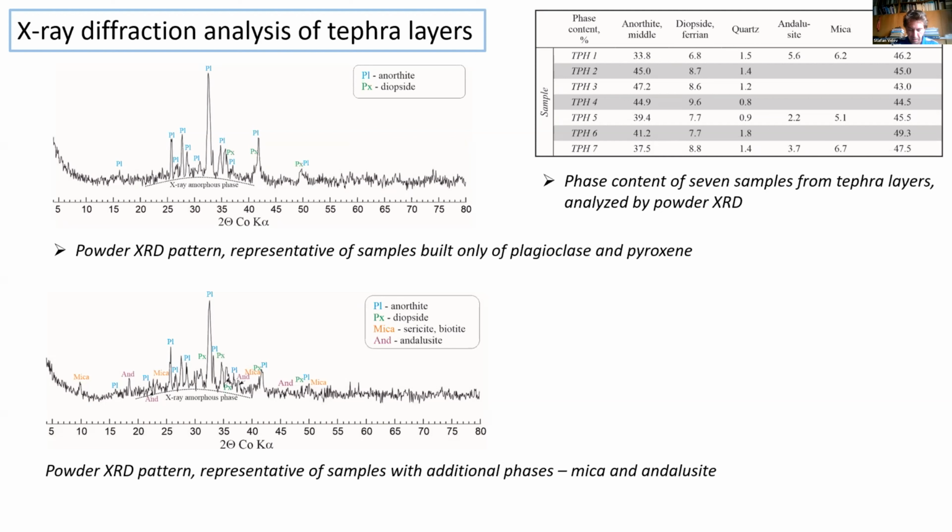Andalusite and micas are xenocrysts, not typical for this kind of products. Considering their metamorphic genesis, not igneous or volcanic, the most reasonable source is the metamorphic basement of this part of Antarctica.